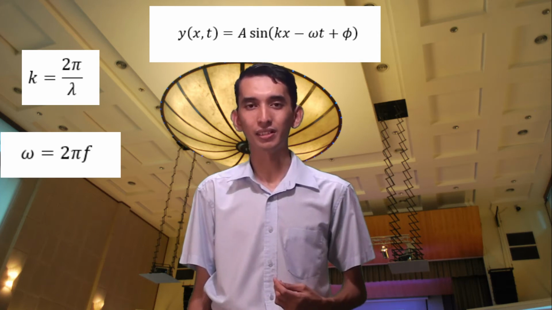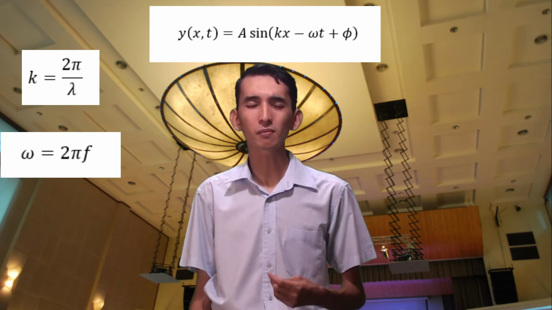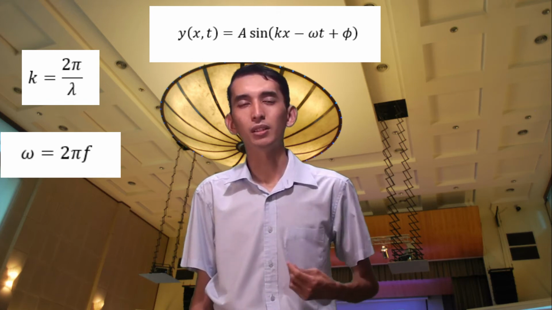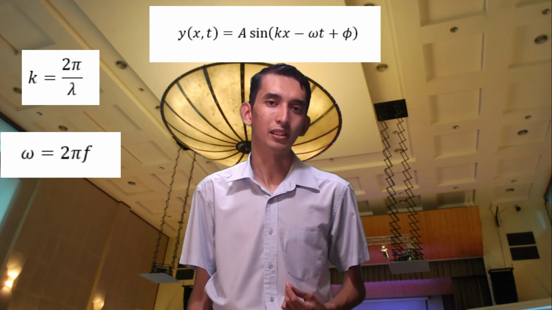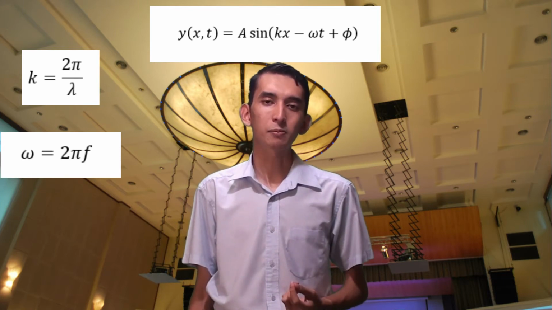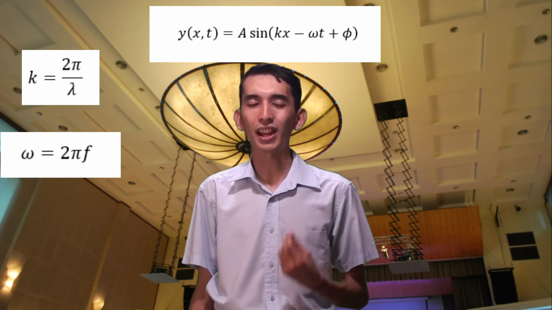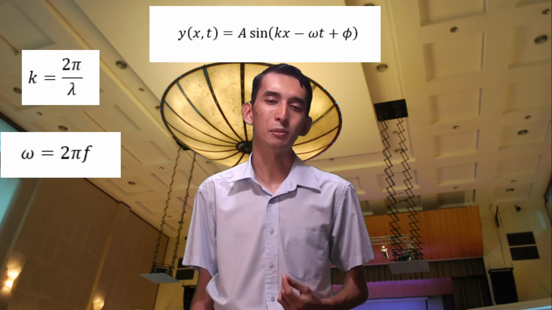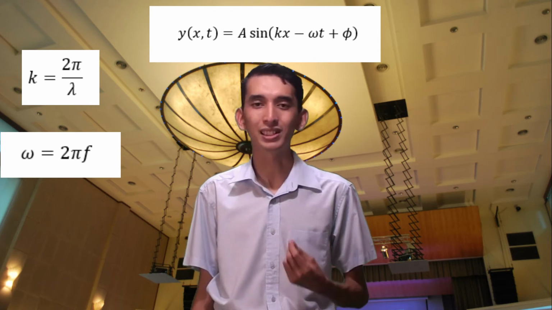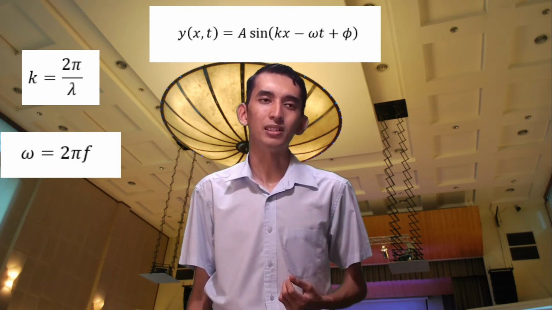Omega is the angular frequency of the oscillation, where omega can tell us the frequency of the oscillation by the formula omega is equal to 2 pi f, where f is measured in inverse seconds or hertz, and omega is measured in units of radians per second.